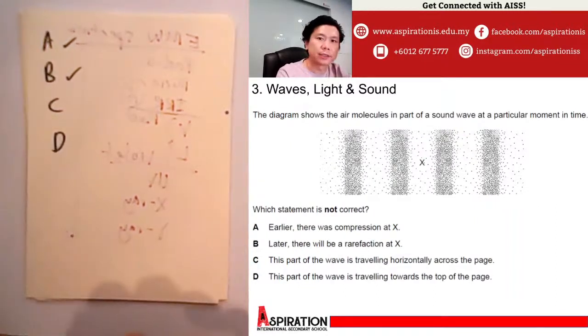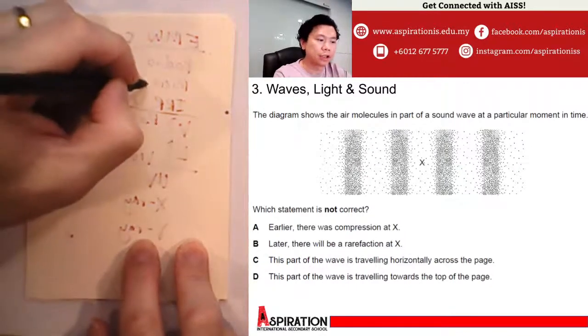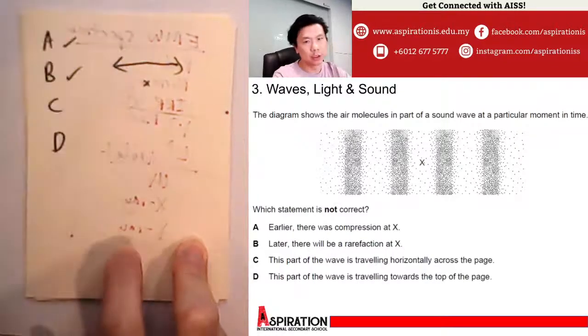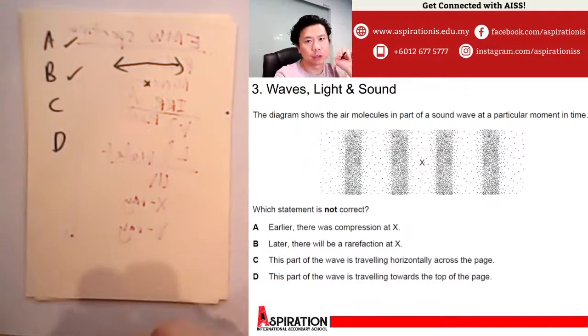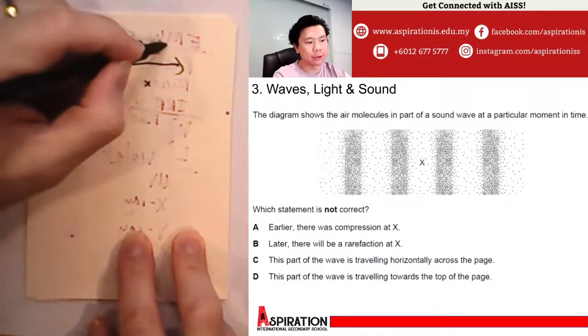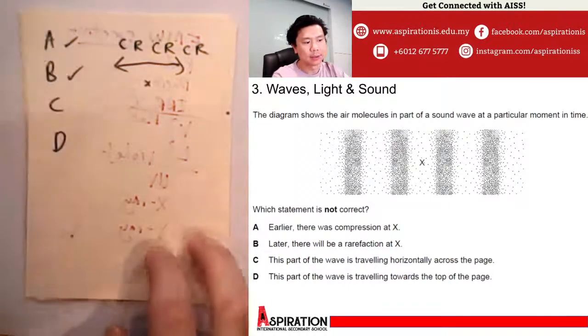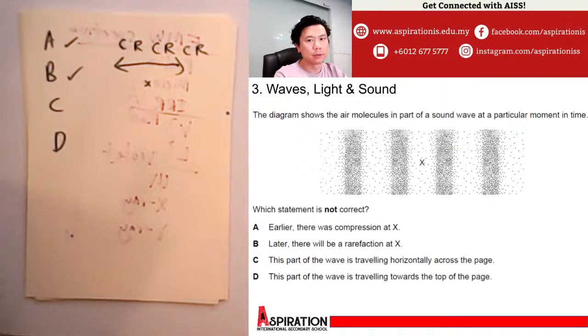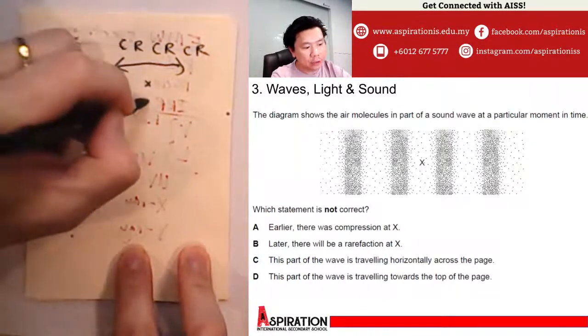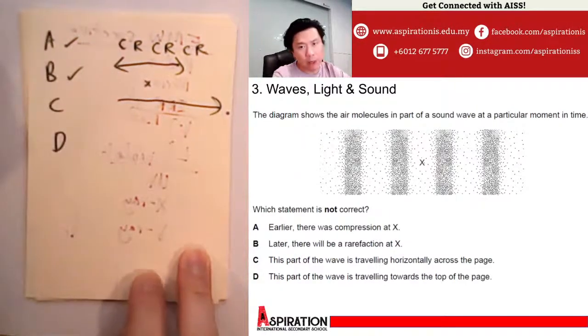Okay, so you know the transverse waves, the vibration, in this case, the vibration is in this direction, right? It's in the horizontal motion. Why? Because the compression and rarefactions are like that. So you will know that the vibration is like that. So the wave is either traveling here or the other way around.